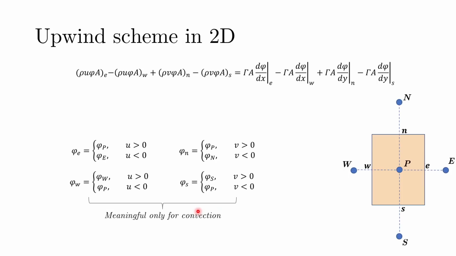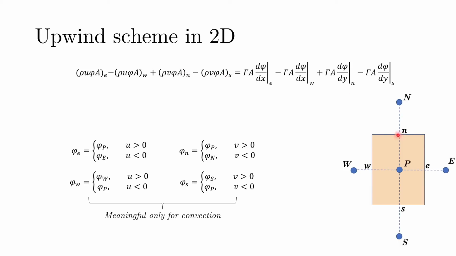We would extend the same idea in 2D. You can think of two mutually perpendicular directions, x and y, where the velocities are u and v, and we can consider them separately. So if we have this equation written on the top, without any assumptions, we have these ue, uw, vn and vs kind of terms.